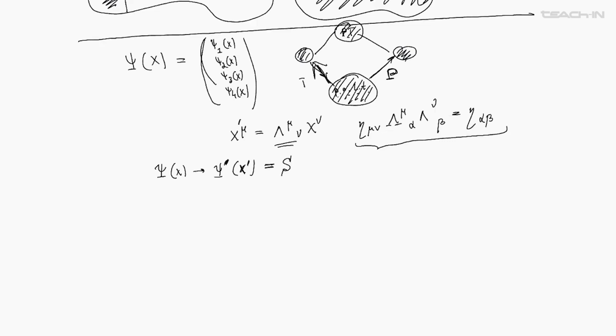So S here is some matrix, and this matrix must be a function of the transformation lambda we apply to transform space-time points. This is the same lambda as making our x to x prime. And so this matrix S we need to find.